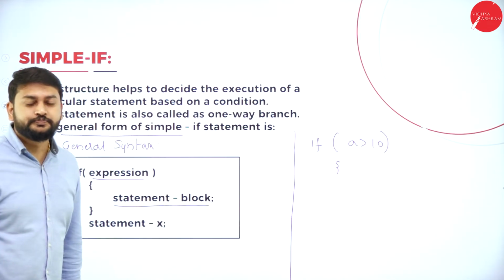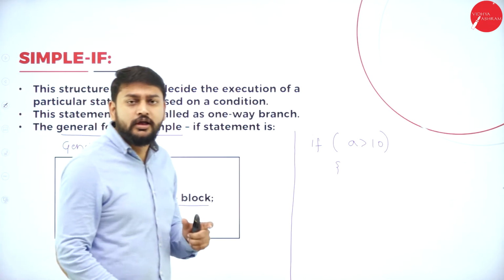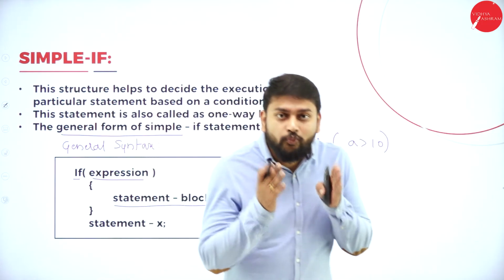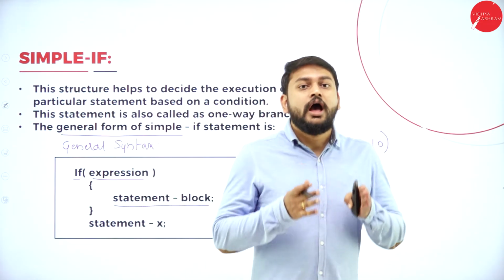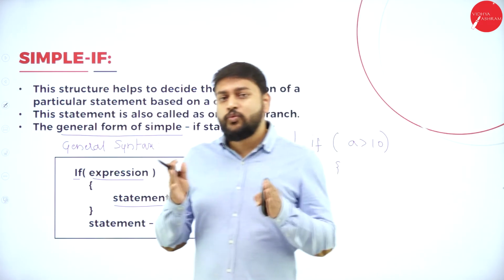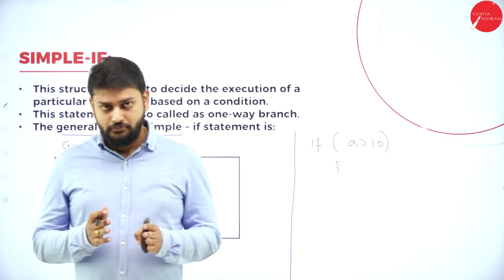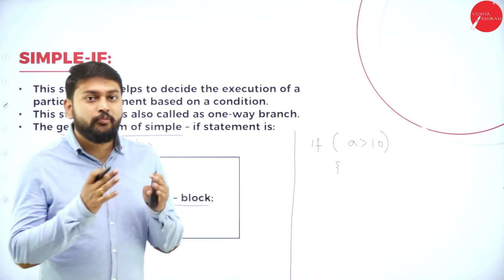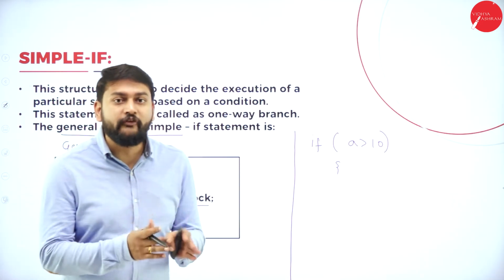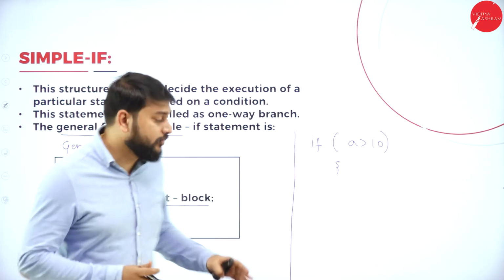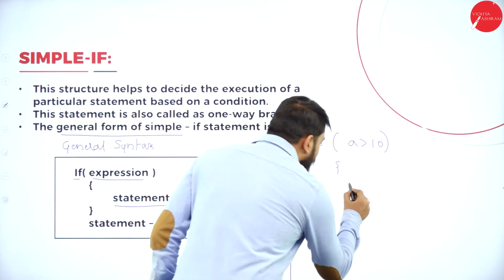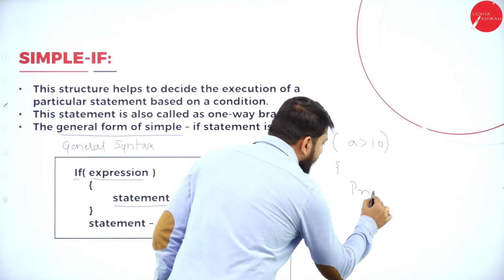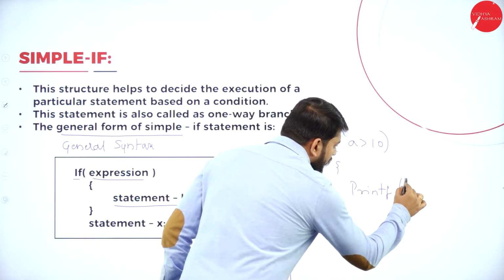What is the next thing I have? Statement block. Statement block in the sense I can have more than one statement, a block of statements or a group of statements. That is what I will call a statement block. So fine, I have a printf "hi".